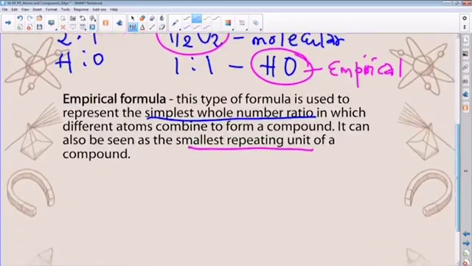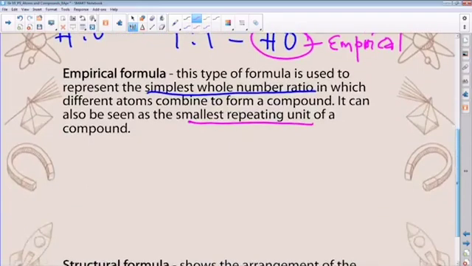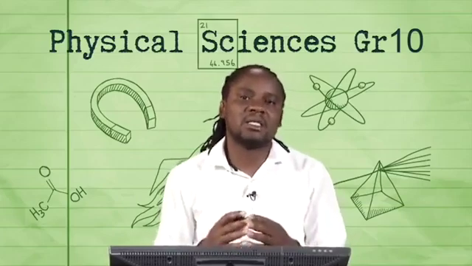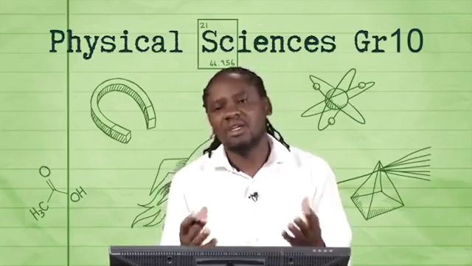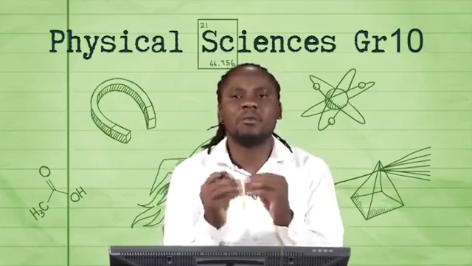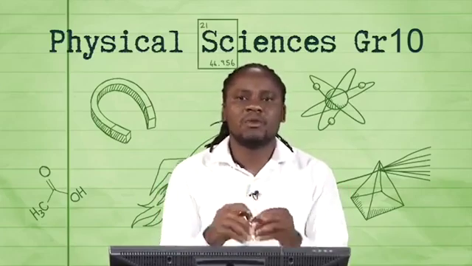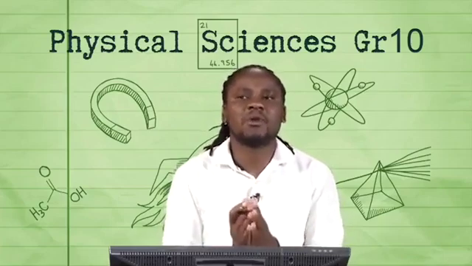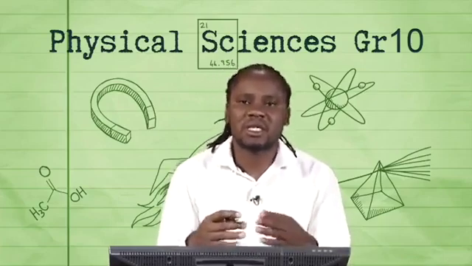Having said that, it's very important for us to realize that these types of formulae vary. Maybe in some schools we have the privilege of having models to use. We also have another type of formula, which is referred to as the structural formula.